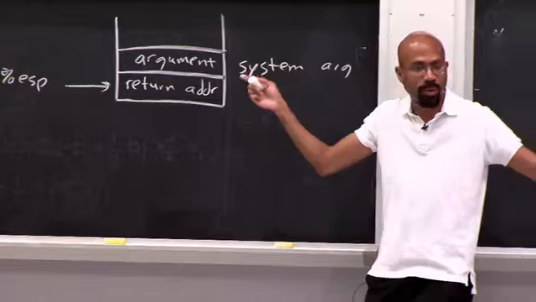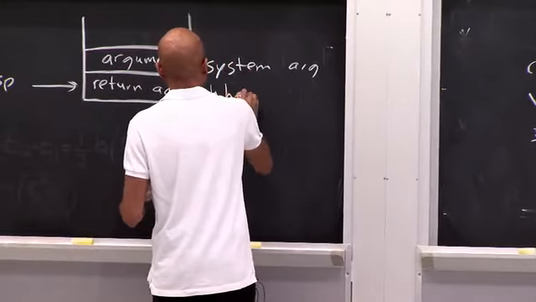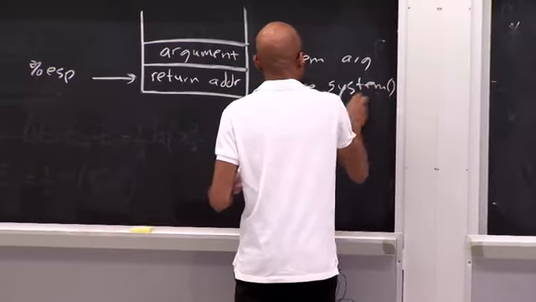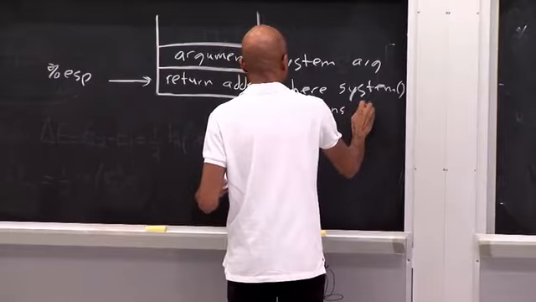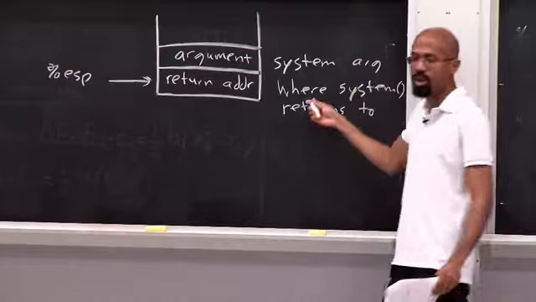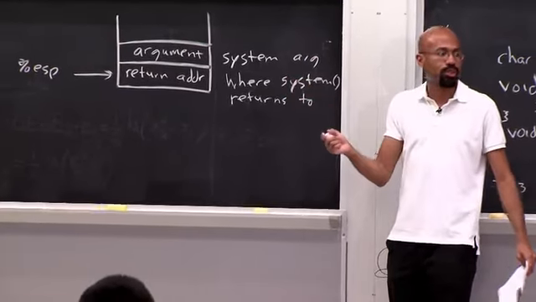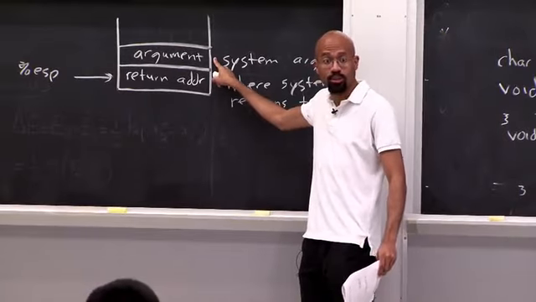This is the string that we actually want to execute, and then down here this is where system should return to when it's done. Right? So this is what system expects the stack to look like right before it starts execution. Right? It's going to say, this is where I should go when I'm finished. This is the thing I should consume as my argument.